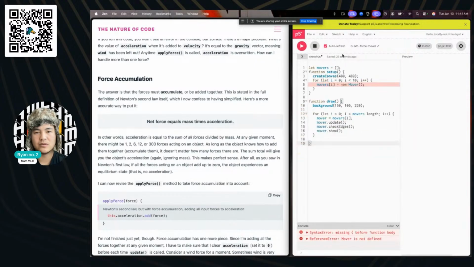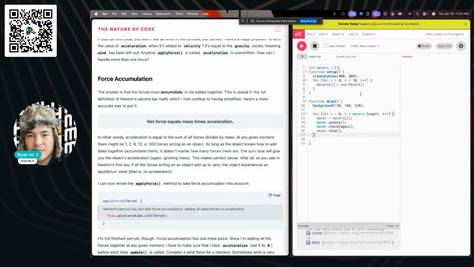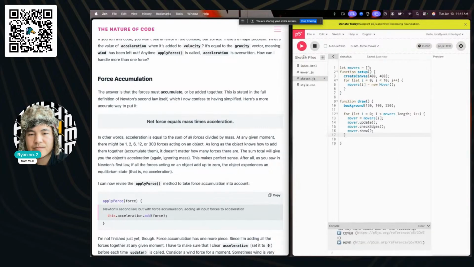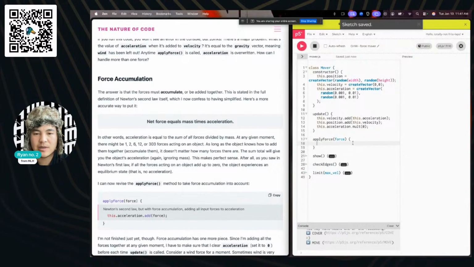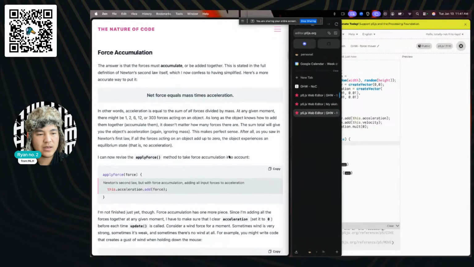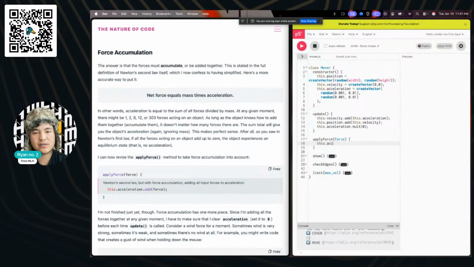Whoa. I need to turn off the auto refresh. applyForce(force). Okay, cool. And then we just had this.acceleration.add(force).